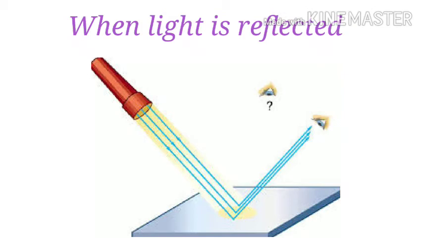Do you see the light ray that moves towards the mirror and those that are reflected from it? The light ray falling on the mirror is called the incident ray, and the ray reflected from it is the reflected ray. You can do this from your home.